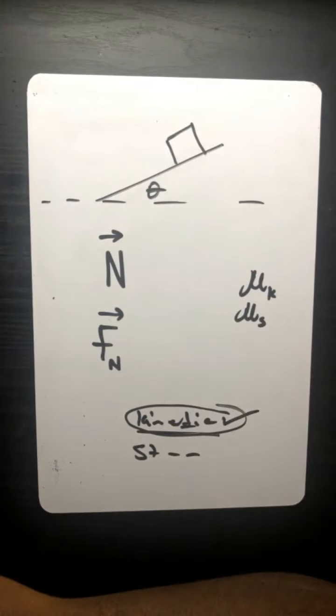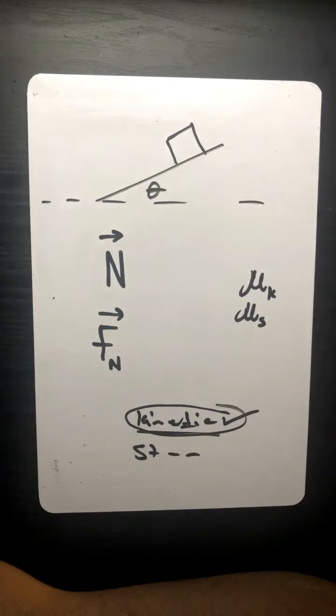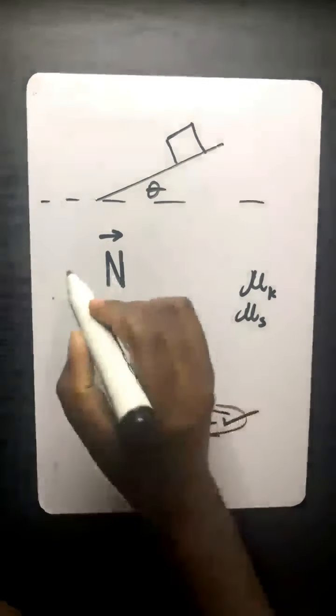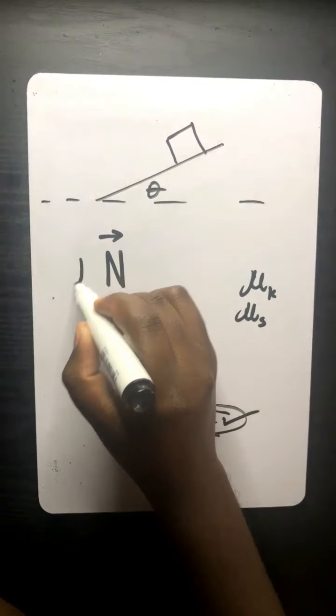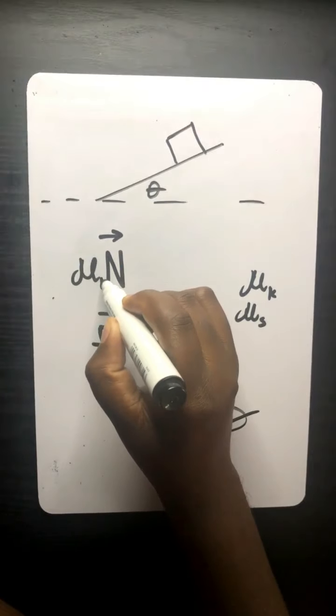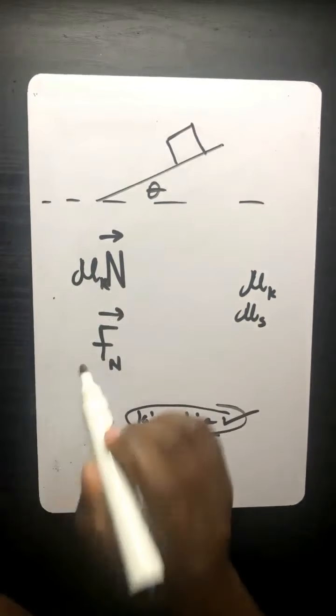What is mu s? It is the static coefficient. So that is mu s. Now I'm talking about the kinetic coefficient, so this is mu k. That's basically what I'm saying, guys.